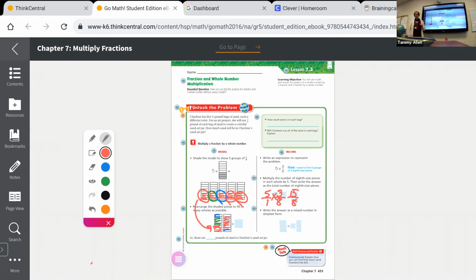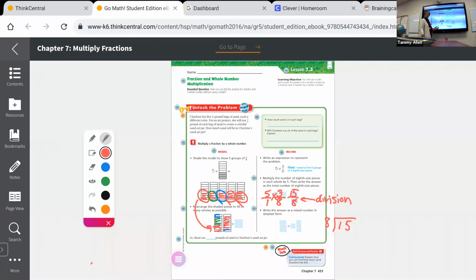And then how do you get that 15/8 into a mixed number? Well, we know this is a division bar also. So 15 divided by 8.